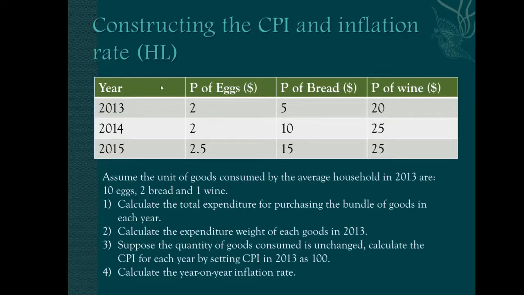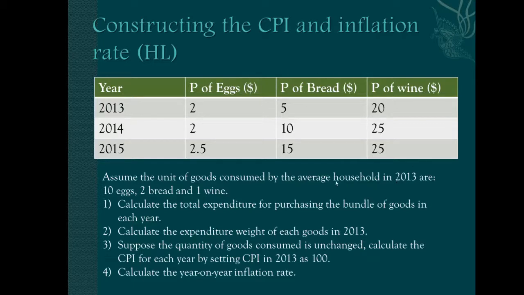So here are the data. In this country, we have, let's say, three goods in the basket. The typical household usually just consumes eggs, bread, and wine.